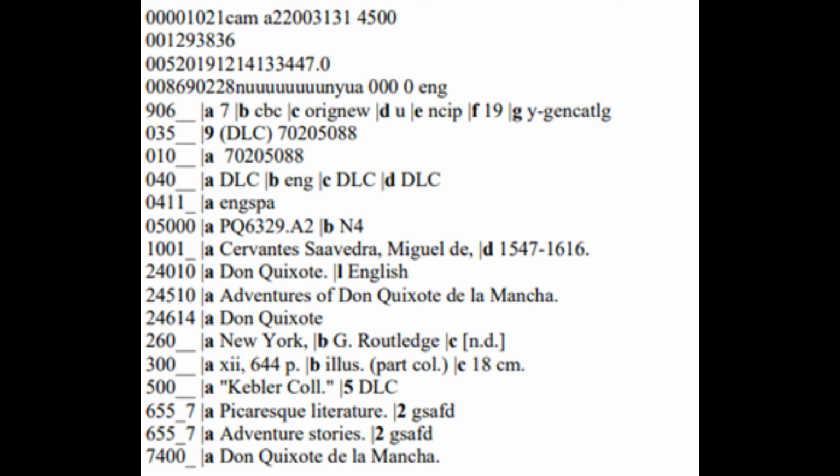If there is no place of publication, no publisher, and no date, you will have in subfield code A square brackets SL, then subfield code B square brackets SN, and in subfield code C square brackets ND. Okay, and then you have the tag 300.